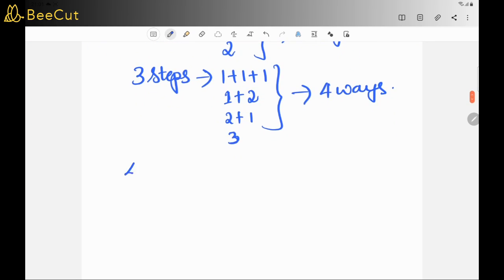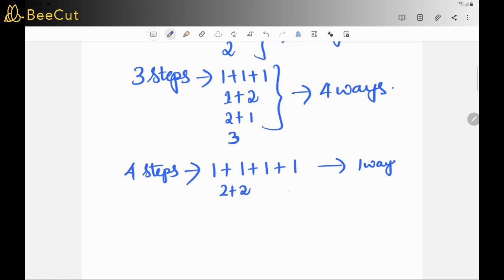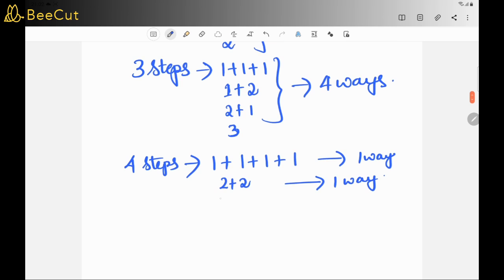Now had there been 4 steps, 1 step followed by 1 step followed by 1 step, 1 step, I have taken 1 step at a time. This is one way. Next, 2 steps followed by 2 steps, so this is another way. Then 2 followed by 1 plus 1, and the number of ways in which we can do this is 3 factorial divided by 2 factorial, which is 3 ways.